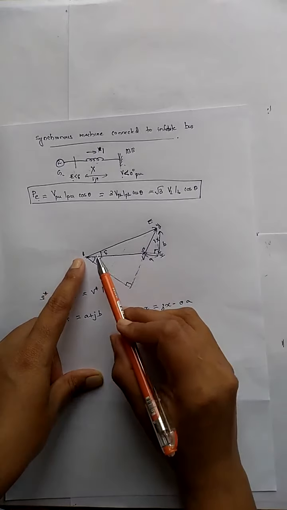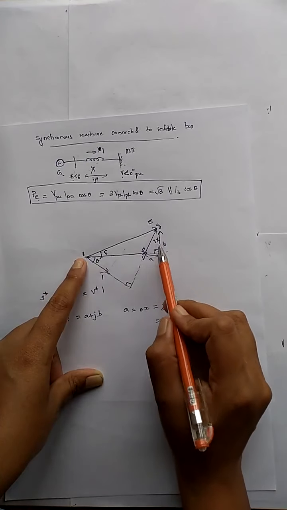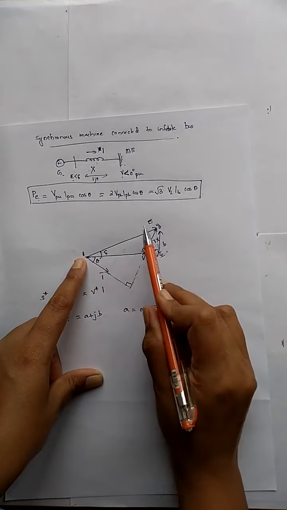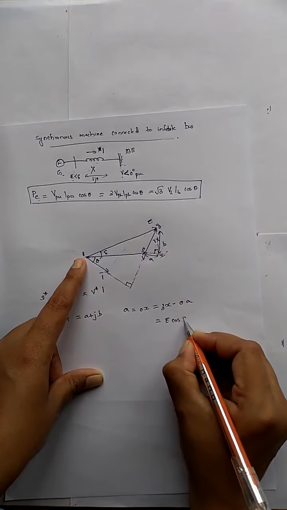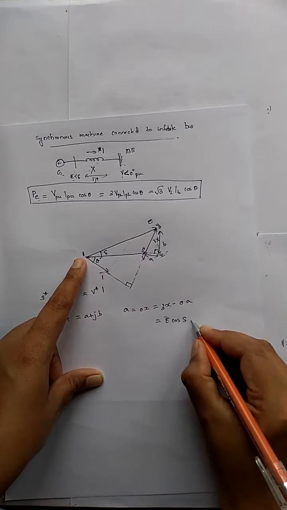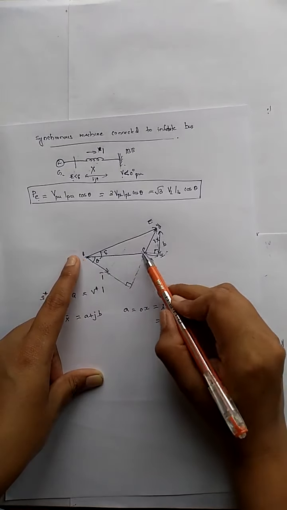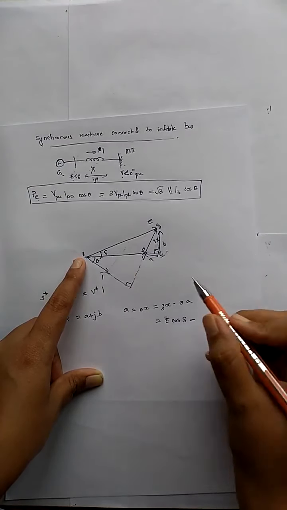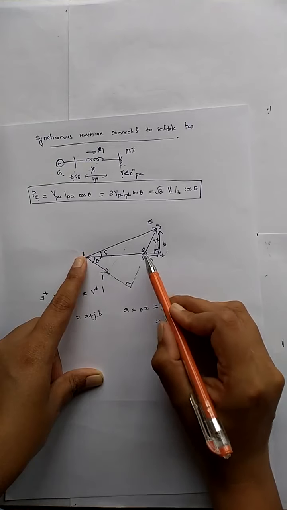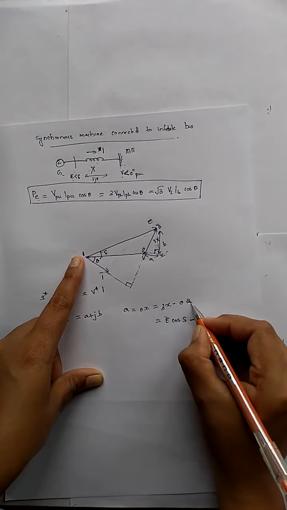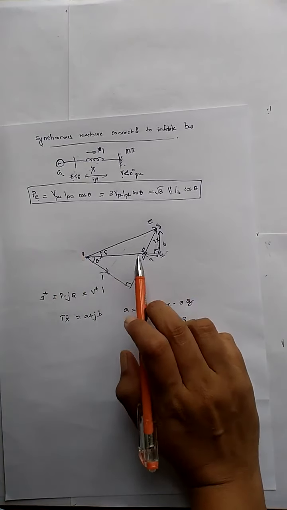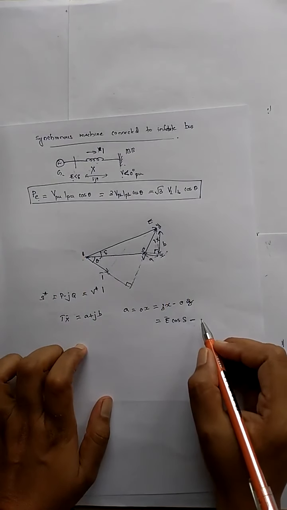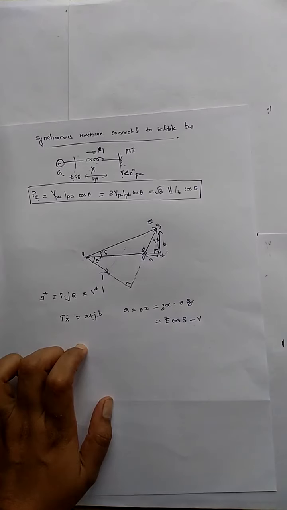So what is ZX? ZX is this E when come to this portion, that is E into cos delta. So ZX is E into cos delta. Okay, minus what is OA? It is not OA, it is OZ, isn't it? So what is it? OZ value is minus V, isn't it?